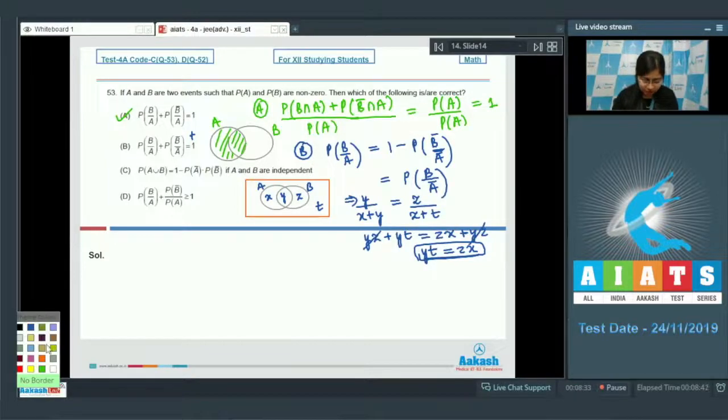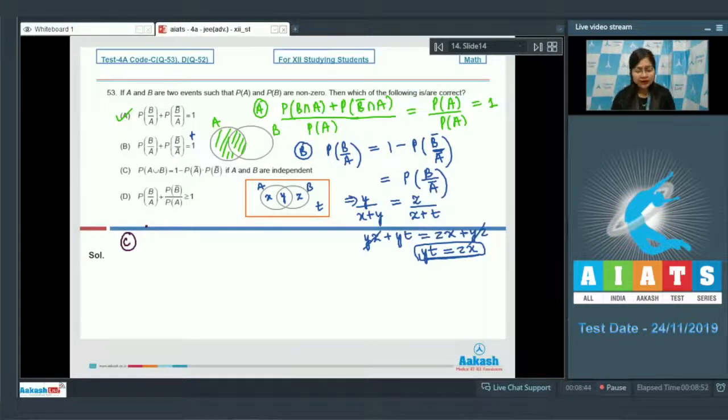Now option number C. It says that probability of A union B is equal to 1 minus P(A bar) into probability of B bar if A and B are independent. Now left hand side is equal to probability of A plus probability of B minus probability of A intersection B, that can be written as PA into PB.